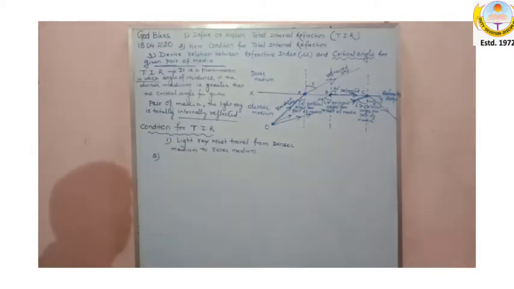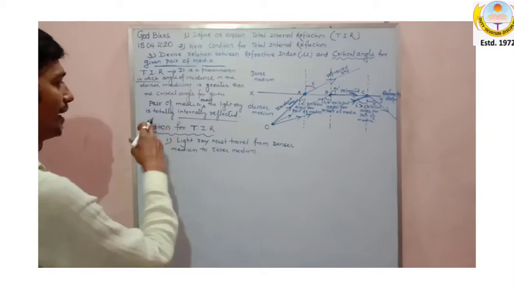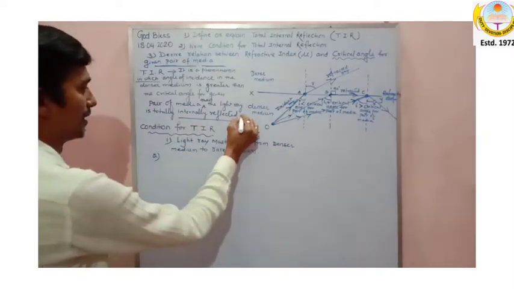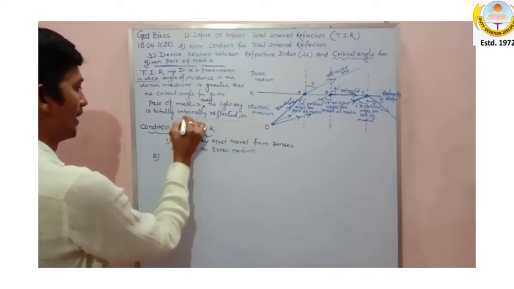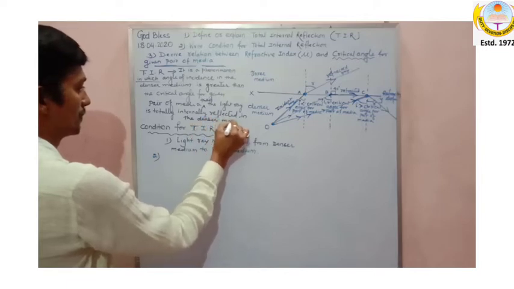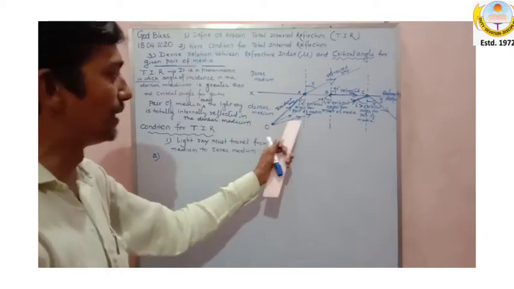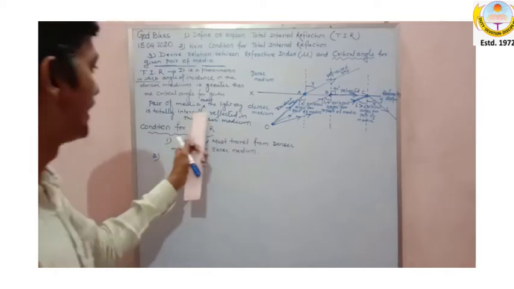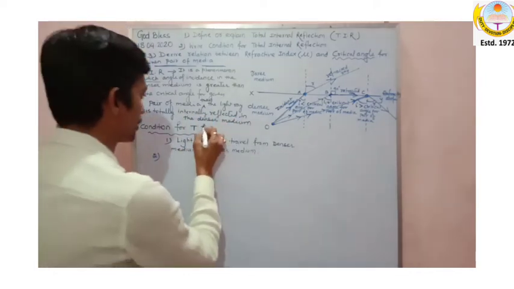If this happens, then the light ray is totally internally reflected in which medium, my dear? In the denser medium, because it started from the denser medium, and when it is reflected, it will be reflected in the denser medium. So the light ray is totally internally reflected in the denser medium. That's all.